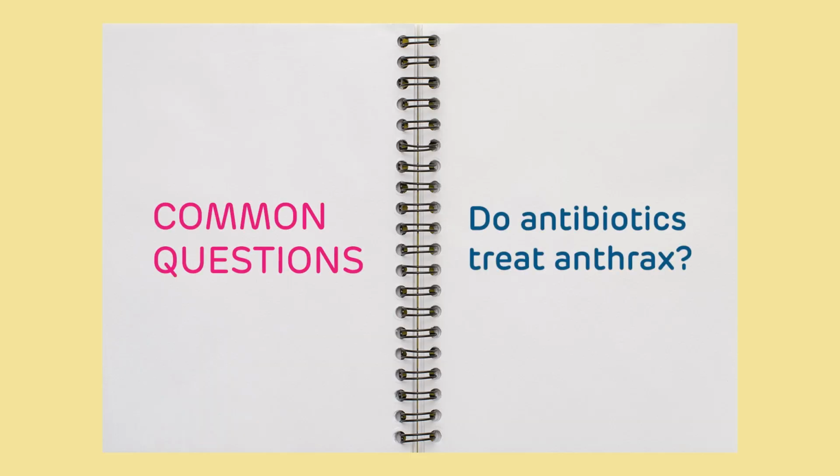Another question we get is whether antibiotics can be used to treat anthrax. And the short answer to this is yes. The antibiotics that are commonly used to kill anthrax bacteria include penicillin, doxycycline, and ciprofloxacin. Now, sometimes this answer leads to a follow-up question, which is, well, if antibiotics can kill anthrax or treat anthrax, why do we give this vaccine to military personnel or other people?